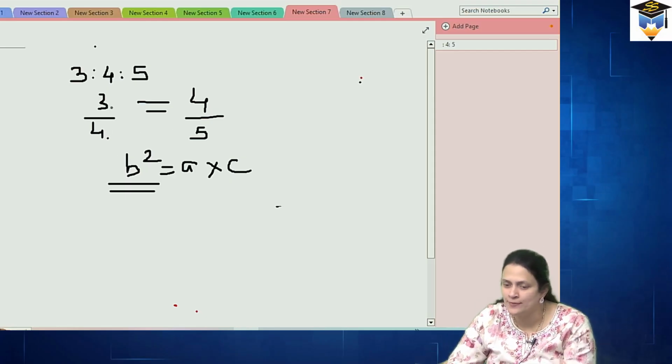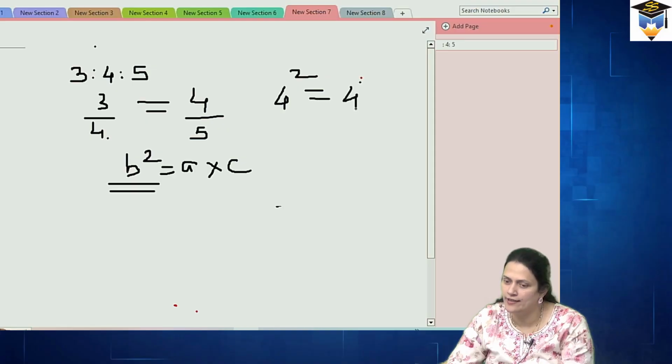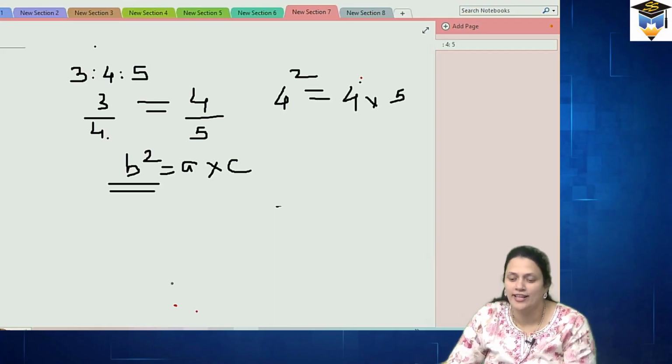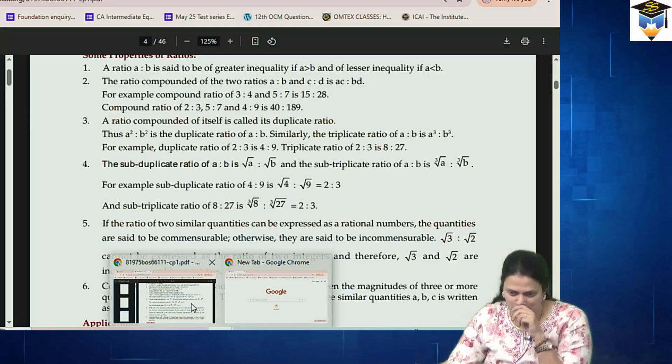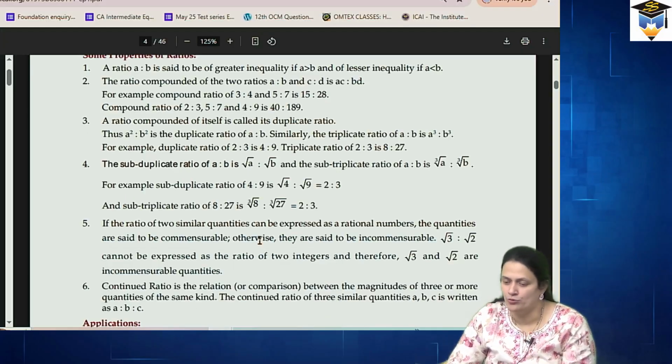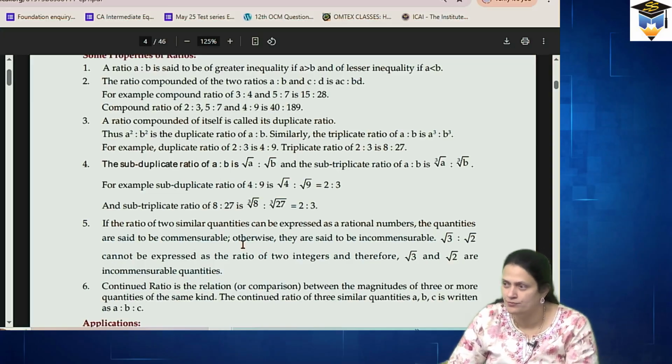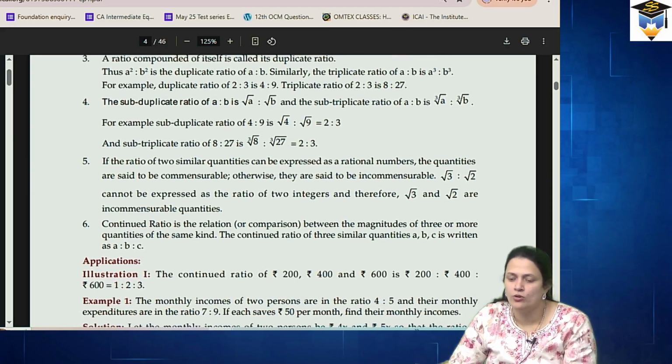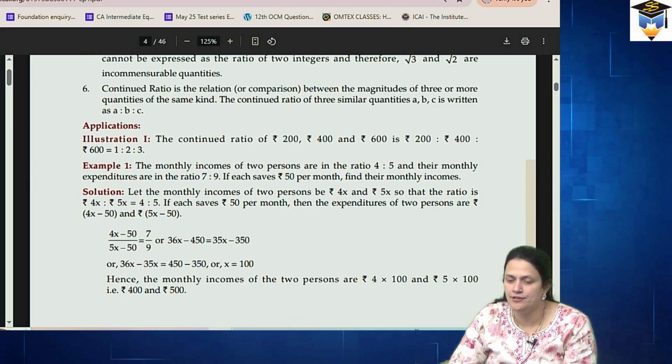If we cross multiply these ratios, 4 square will be equal to 4 into 5, like that. Now forget it. I'm not remembering the term right now. I'll let you know. So have you understood the meaning of continued ratio? Pakka? Chalo. So we will go to the next example.